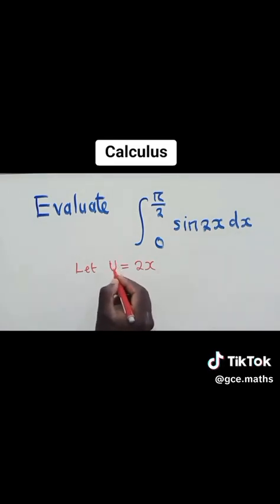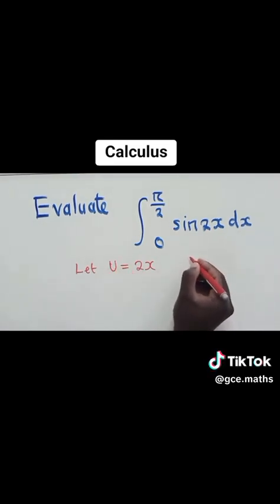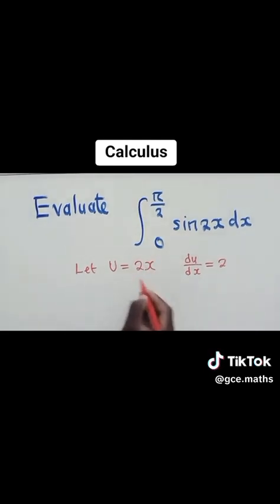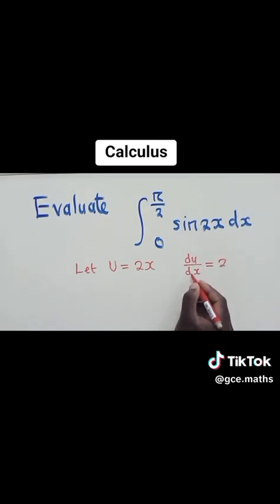After we've done this, we now say du/dx will be equal to 2. We now find the derivative of this. That's step number 2. After we've found the derivative, we now make dx the subject of the formula. So it will be dx is equal to du over 2.